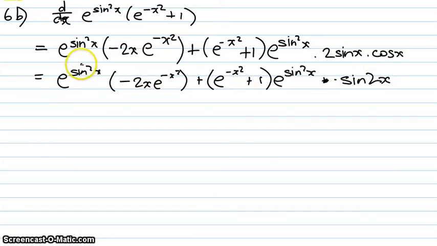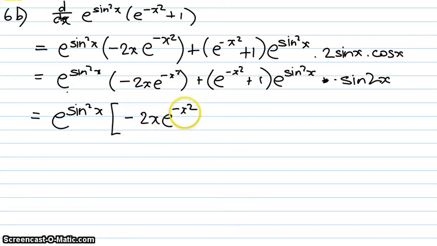Now you'll notice that we have a common factor running through some of this, which is e to the sine squared x. So I'm going to factorize that out now. So e to the sine squared x, what have I got left over? I've got minus 2x e to the minus x squared plus e to the minus x squared plus 1 sine 2x.